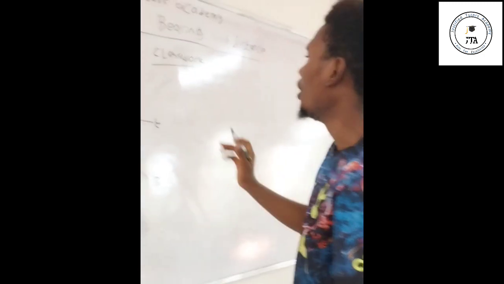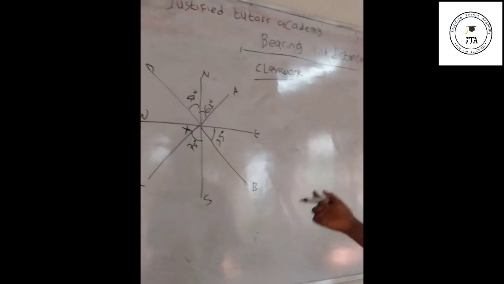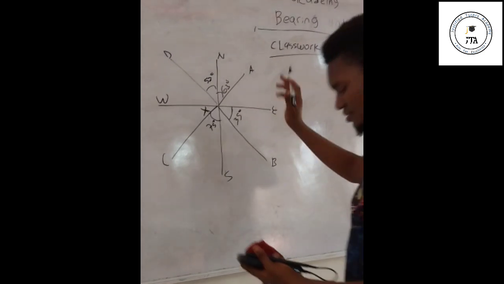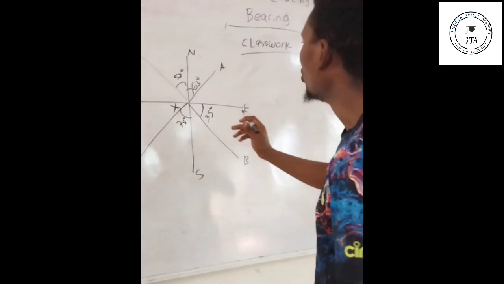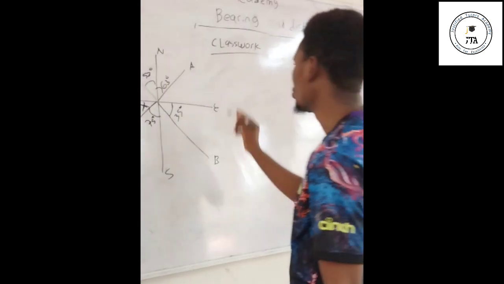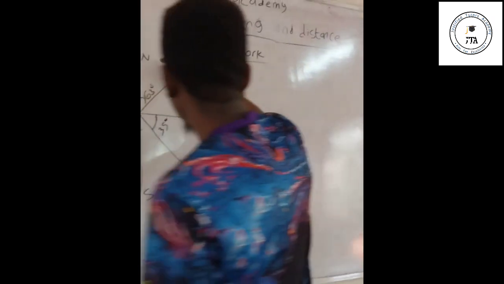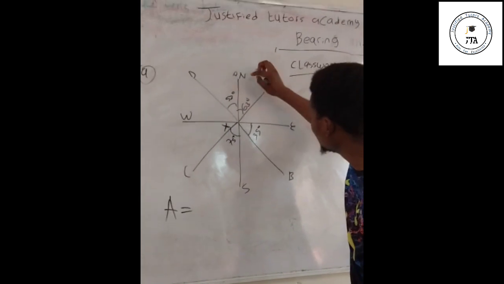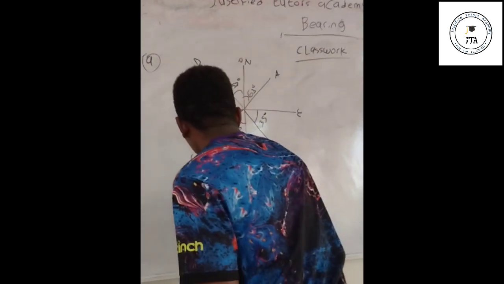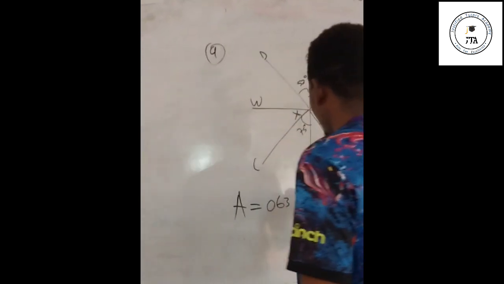So now, very simple. 3-figure bearing is simple. You don't need to follow your north, east again. So let's map them out. A is going from 0 degrees to 60 degrees here, so it will be 063 degrees.